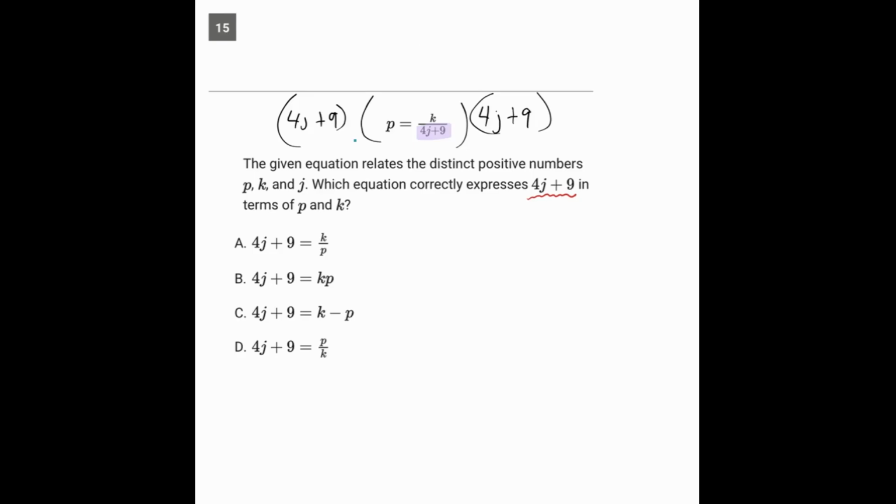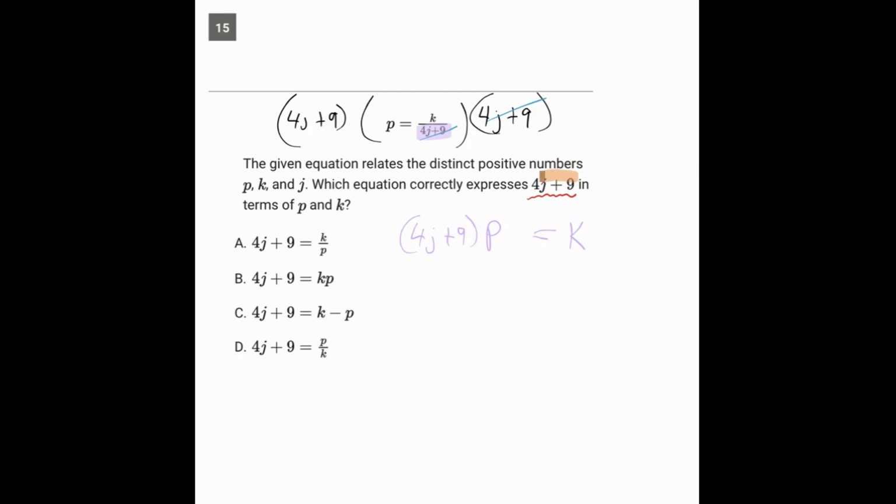It'll cancel out on the right-hand side, leaving us with k. And on the left-hand side, it'll give us the 4j plus 9 times p. Now, we're not distributing the p into the 4j plus 9 because that's the thing we want.